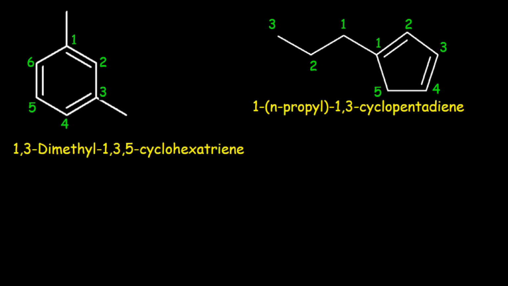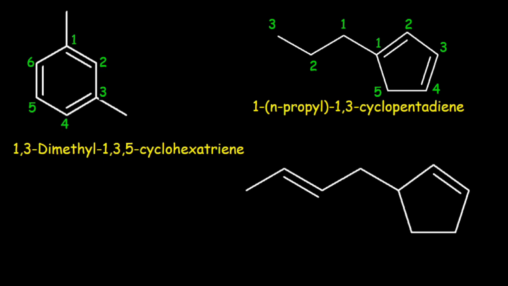So what would be the name of the molecule if the part which acts as a substituent itself contains a double bond, like this? Let's start the numbering of the heading part: 1, 2, 3, 4, and 5. Then 1, 2, 3, and 4. This is the numbering for the chain attached to the heading part, right?